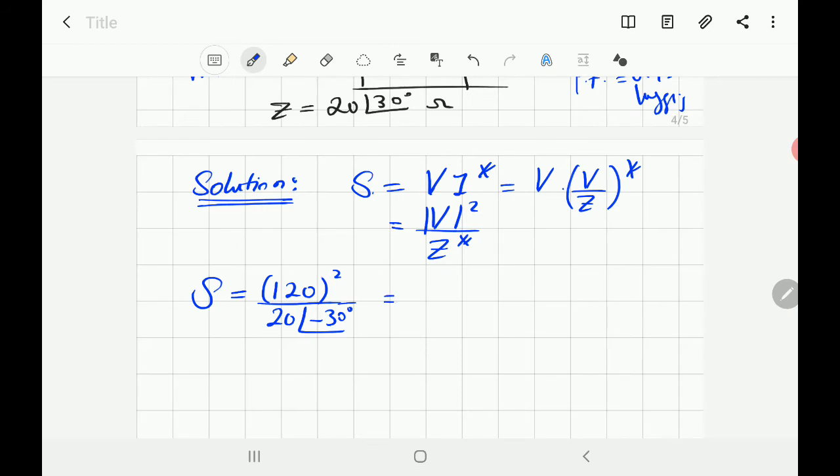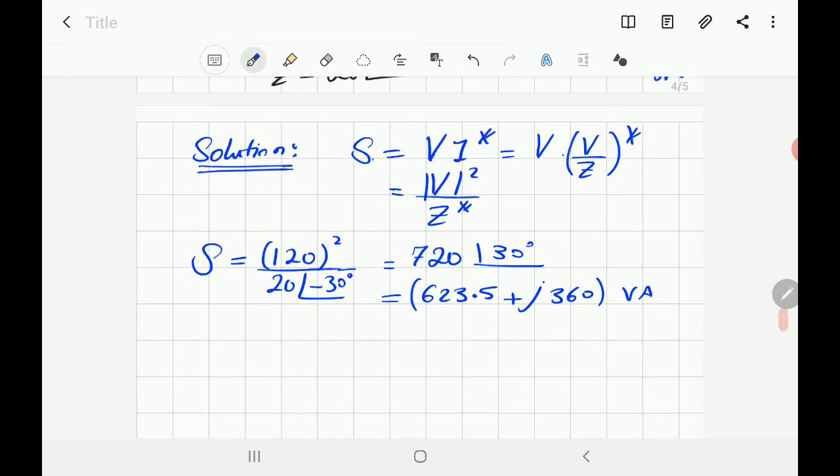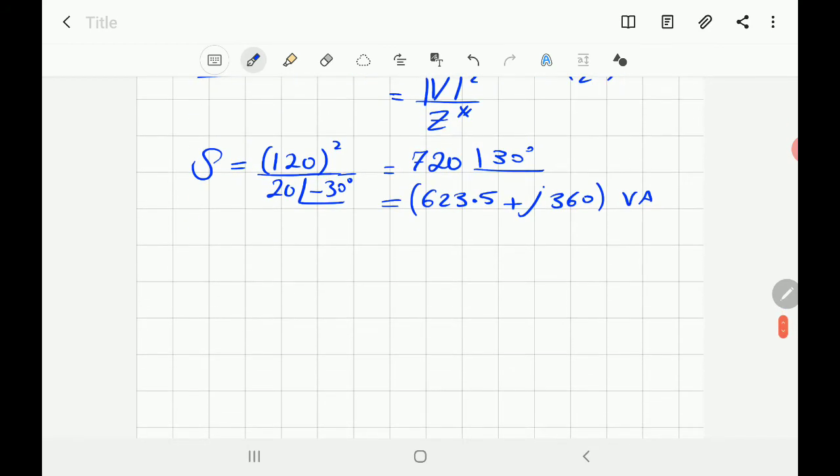And that will give you the total or apparent power S, which is equal to 720 at angle 30. If you convert this to complex form, you will find it equal to 623.5 plus j360 volt-amperes. If you sketch the power triangle, that's your power triangle.